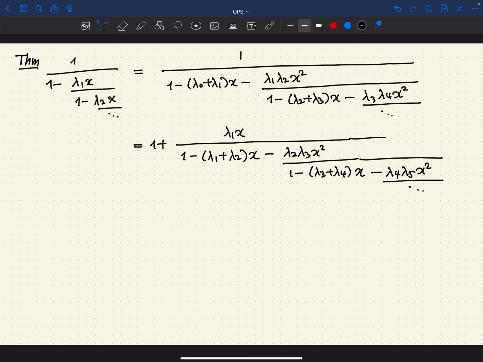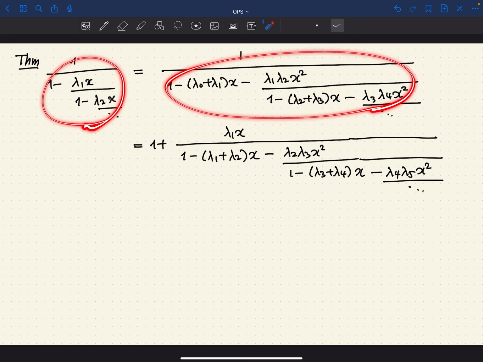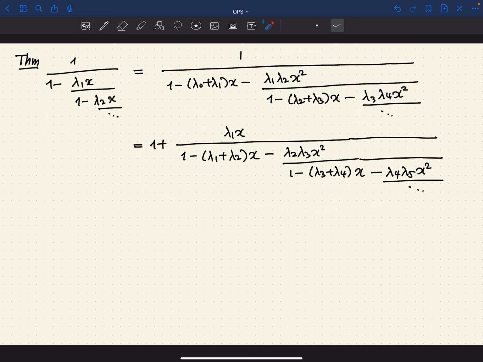So this is an S fraction, but this is a J fraction. Also, this is a J fraction, if you look at this part. And by the way, here we assume that lambda 0 equals 0, because we actually don't need lambda 0, but to make this a nice pattern, I included lambda 0 here, but lambda 0 is 0.